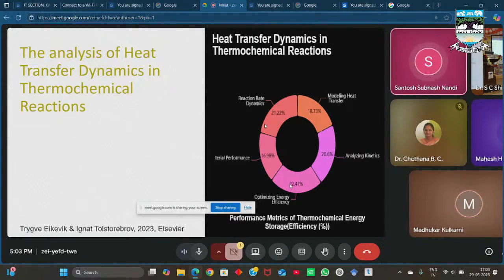As you can see in the graph here, the analysis of heat transfer dynamics in thermochemical reactions with respect to energy consumption, when you consider out of the 100 percent, the insights of these different energies underscore the interconnected nature of energy optimization, reaction control, and computational modeling in advancing thermochemical systems.